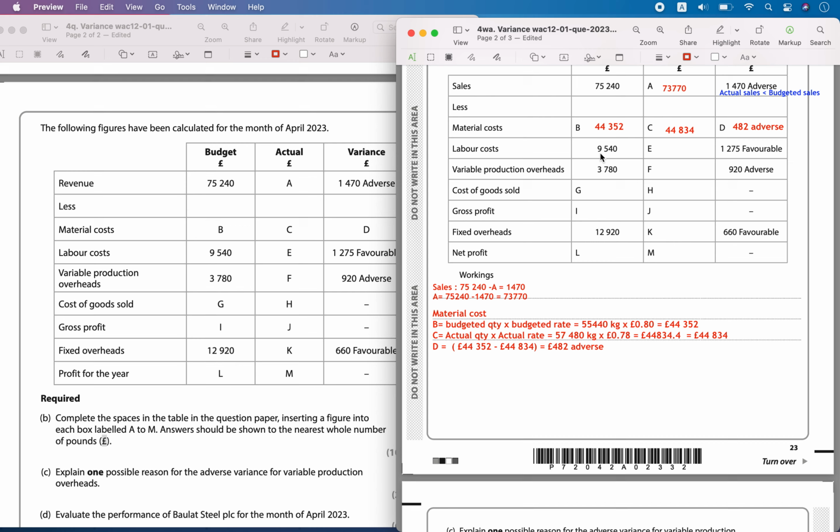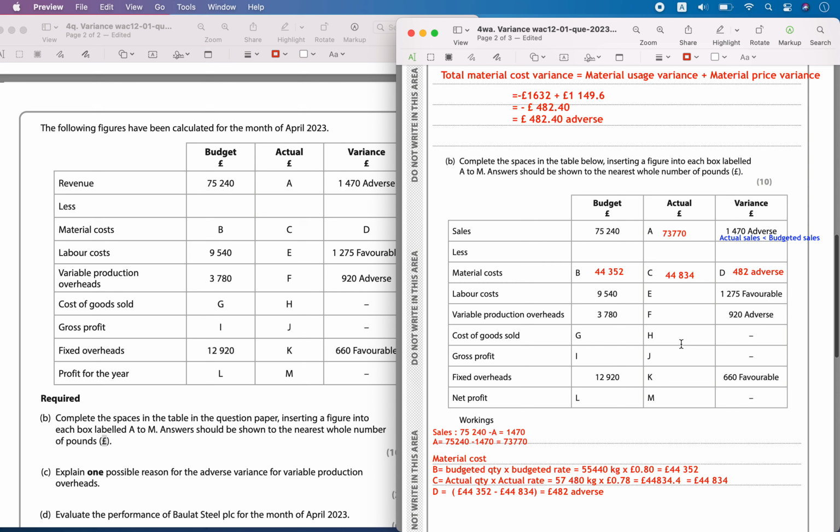Then labor cost, let's calculate. The budgeted labor cost was 9540, and they have given that the variance has become favorable. That means I was able to reduce my actual cost, then it becomes favorable. Whenever I am able to reduce my actual cost, it becomes favorable.